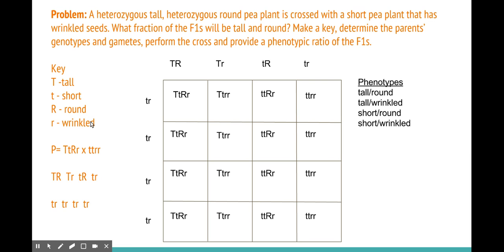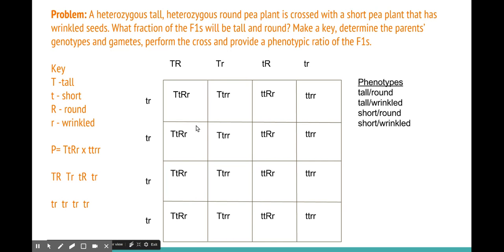So those are phenotypes. The potential phenotypes for the offspring in regard to any height cross combined with the texture cross would be tall round, tall wrinkled, short round, and short wrinkled.